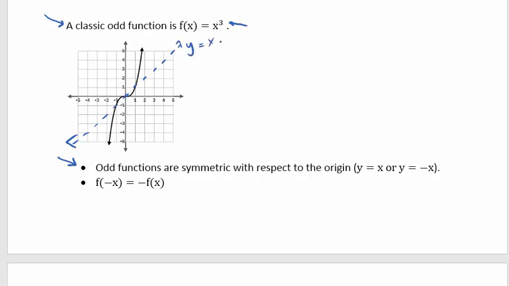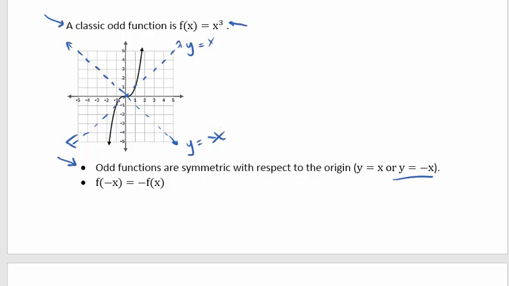So we're either reflecting this graph about the line y equals x, and you can see, if I reflect the points across y equals x, it's not giving me this graph. So that's not the case. Or it's a reflection across the line y equals negative x. And y equals negative x gives us this graph here. And that is the case here.